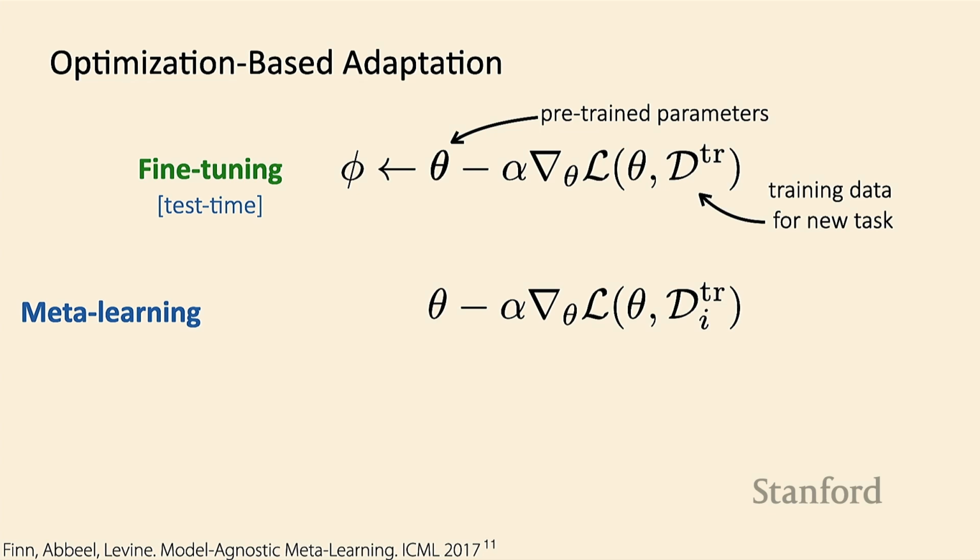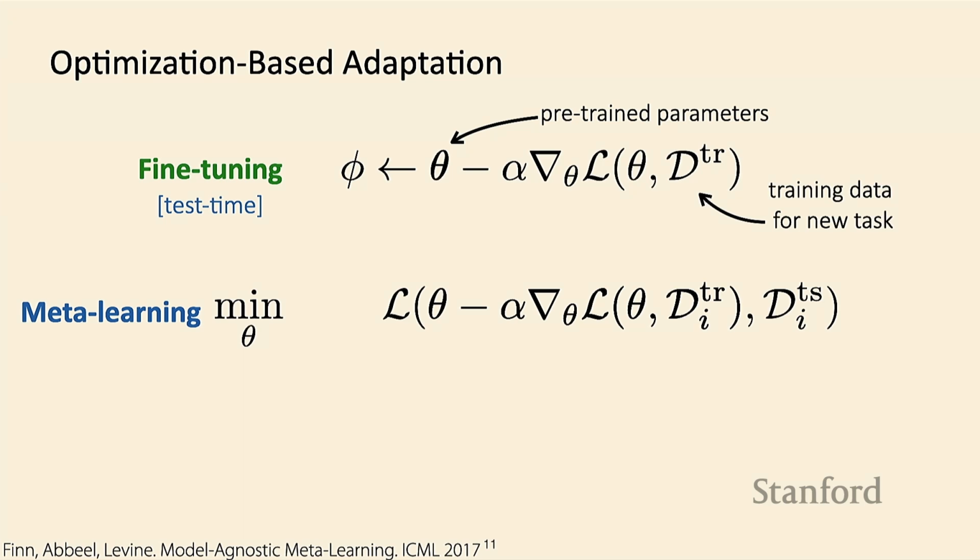This will be used to get parameters for task i after fine-tuning on the data set for task i. Then once we have those parameters, we will evaluate how good those parameters are on new examples, specifically examples in the test data set for that task. And then we'll essentially optimize for the set of pre-trained parameters such that this one step of gradient descent is generalizing well to new examples.